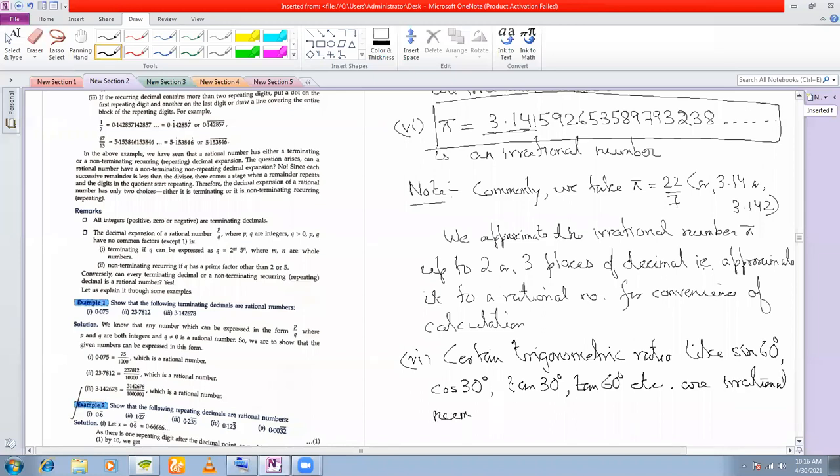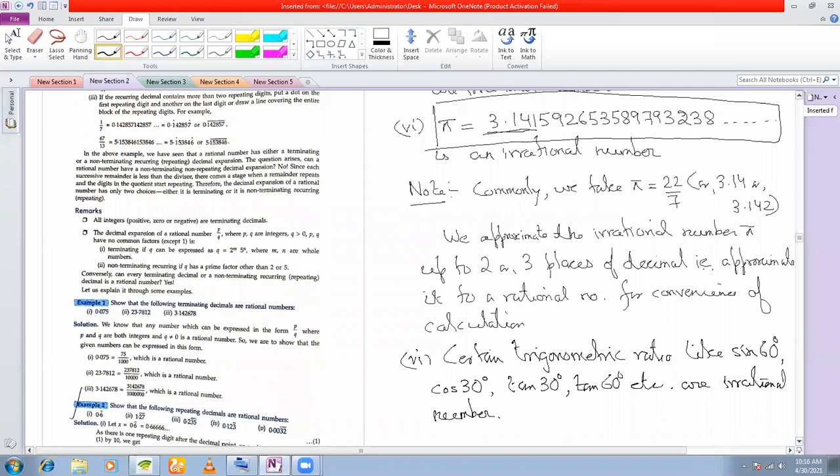I just gave you some standard values, but you can also find in the table that cos 15 is irrational. Even sine 15, cos 15, tan 15: if you see in the tables, or you will see it later on, all these are irrational numbers.